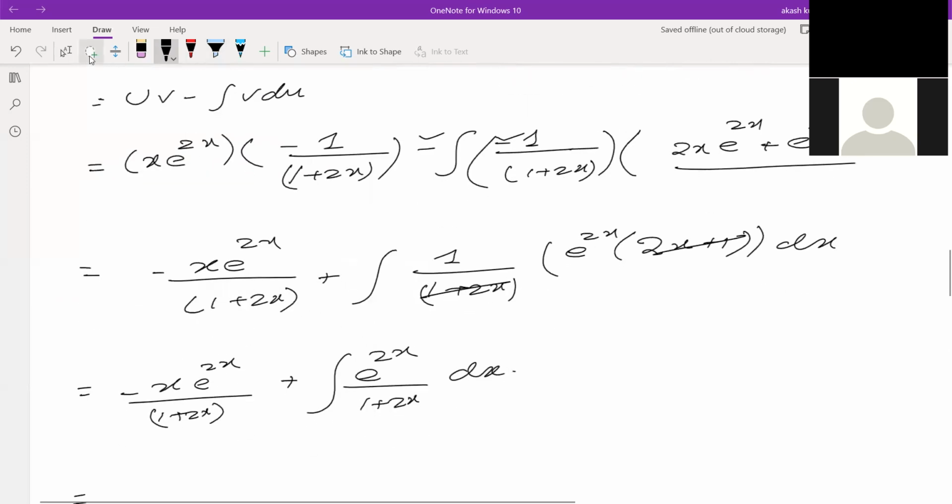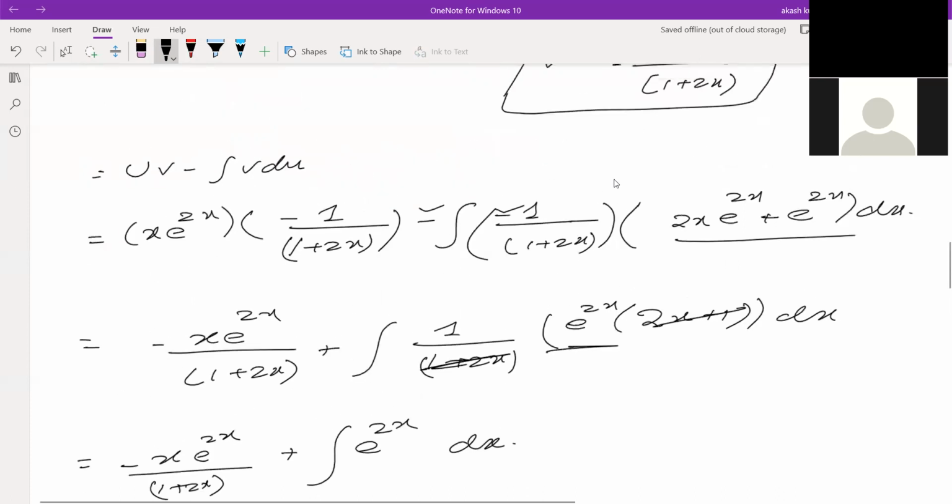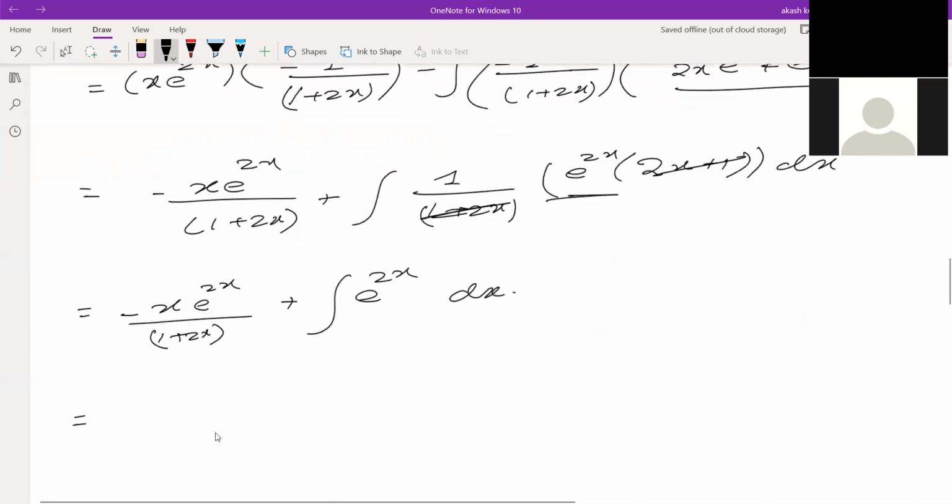This 1 plus 2x and this 1 plus 2x were cancelled out, so the only thing left was e^2x dx. Is it clear? Yeah, it's clear.